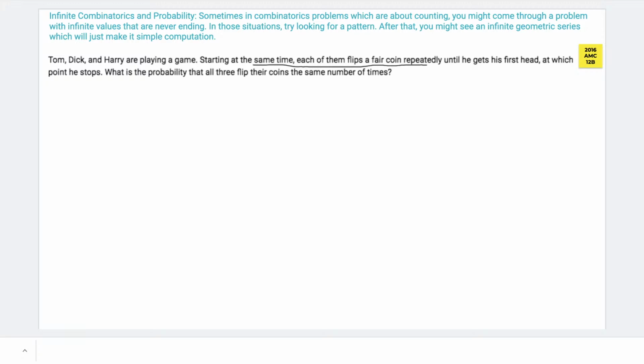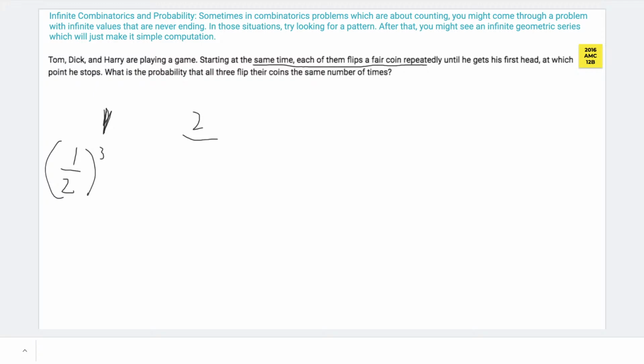So let's say they get heads in the first try. For all of them to get a head in the first try, the probability is 1/2 to the power of 3. How about for the second try, in 2 tries? For them to get heads in 2 tries, for the first try they will all fail.